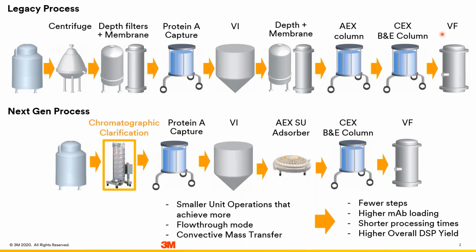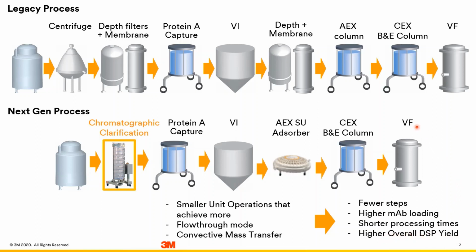The aim of our technologies is to help to intensify this process by making smaller unit operations that achieve more. Typically, they operate in flow-through mode and take advantage of convective mass transfer. So the aim is to drive for fewer steps, higher mAb loading on each of those steps, shorter processing times, and very importantly, higher overall DSP yield.